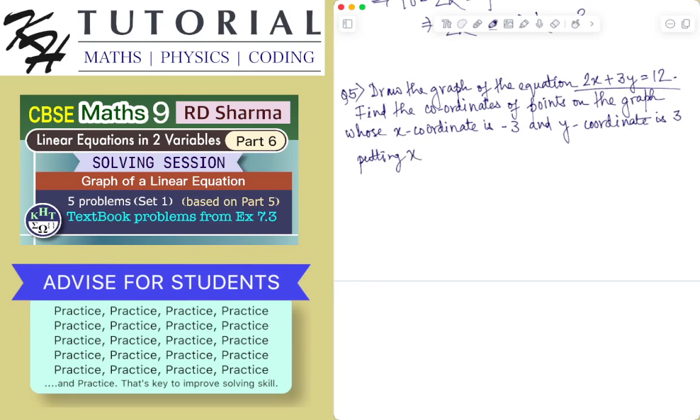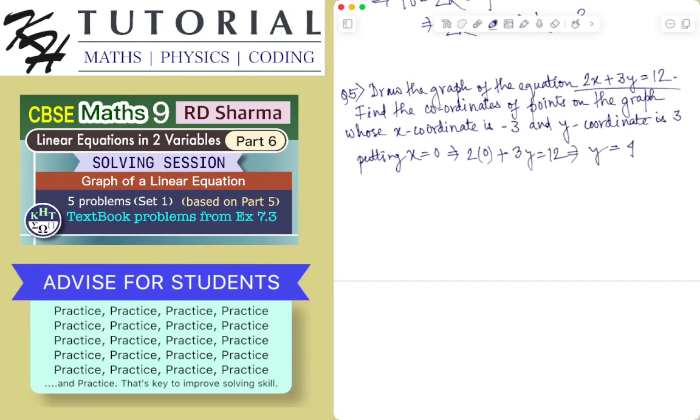So putting x equals 0, I have 2 into 0 plus 3y is equal to 12. This implies y is equal to 4.